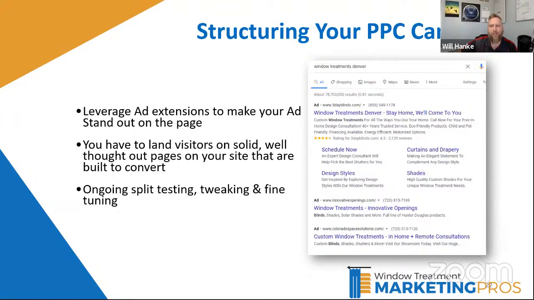So those are ad extensions, and look at how much more room that particular ad takes over the two competitors below it, right? Having these ad extensions can really help make your ad stand out. And quite honestly, there's 5 ways for somebody to click on your ad versus 1 for the other 2 competitors.